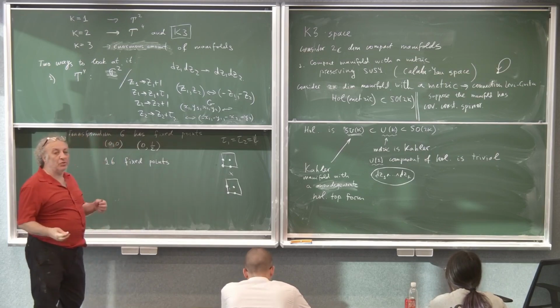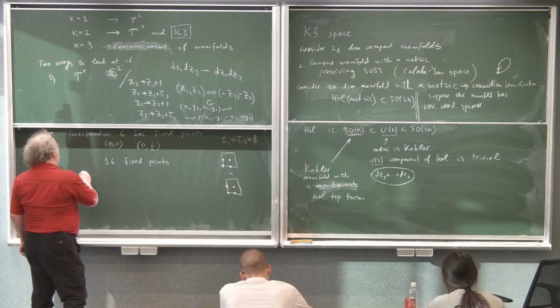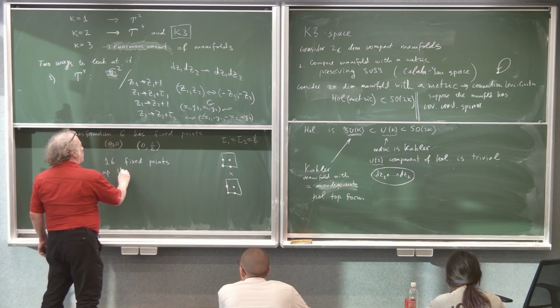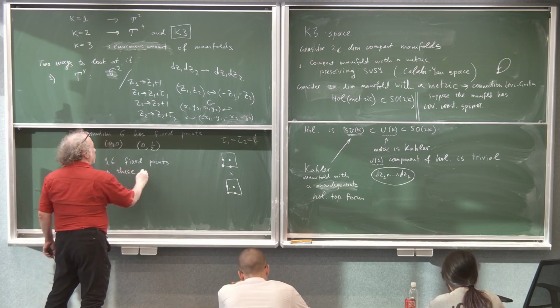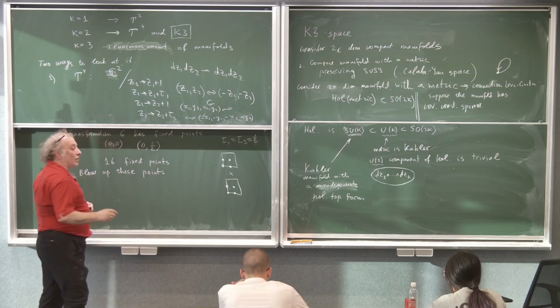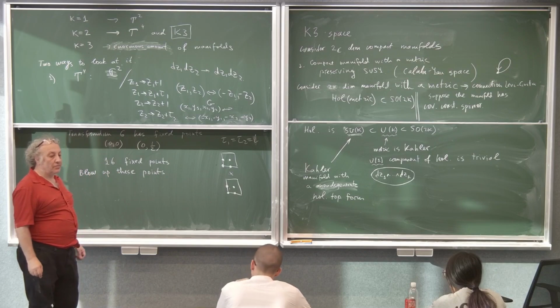So what can we do? We would like to have a manifold. So people do the following: people blow up these points, and after they blow up, they take a closure.